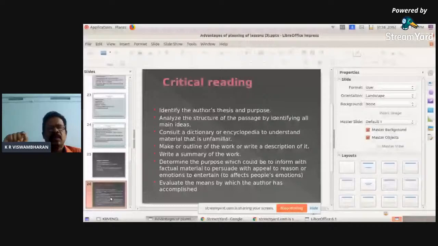Write a description about the idea that you got reading it, and write a summary of the book. The purpose is to be informed with the factual presentation presented clearly, accurately.